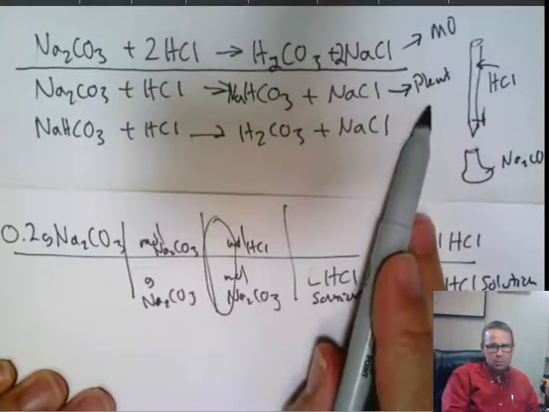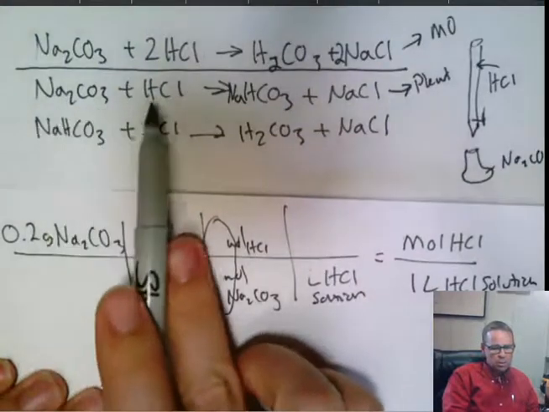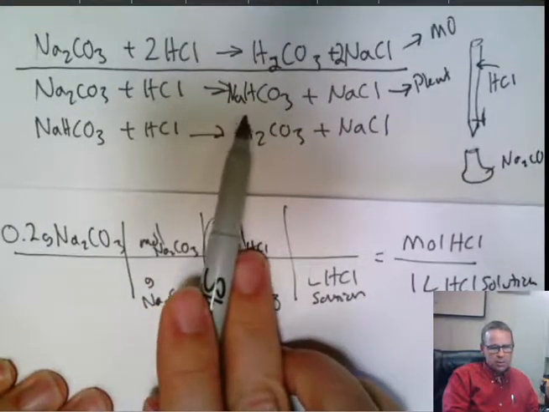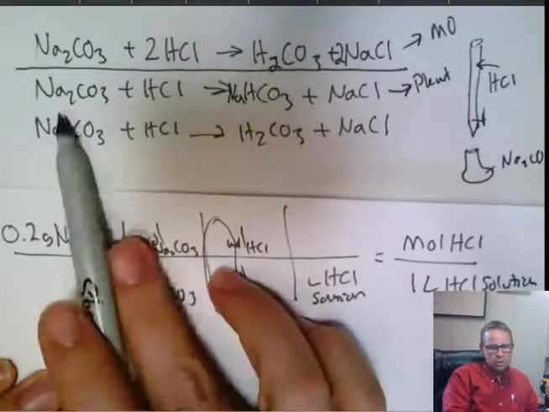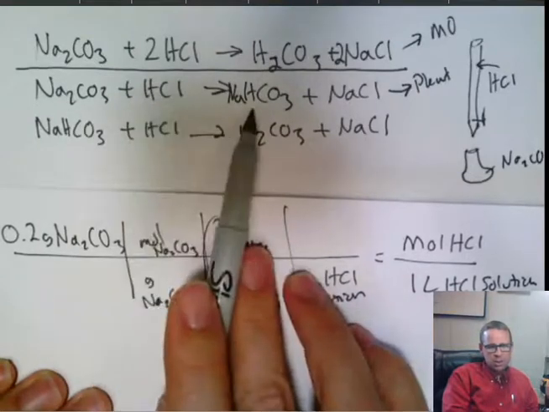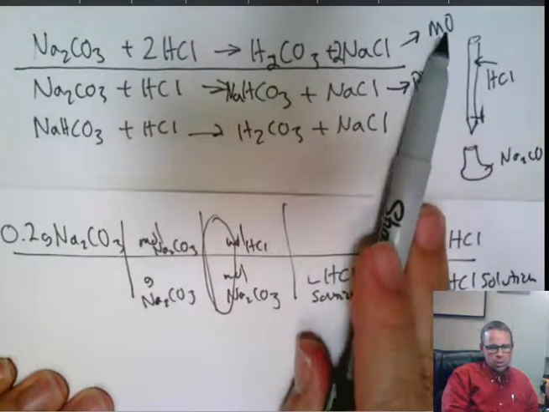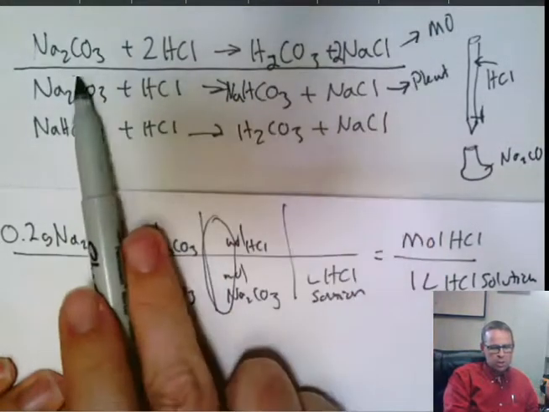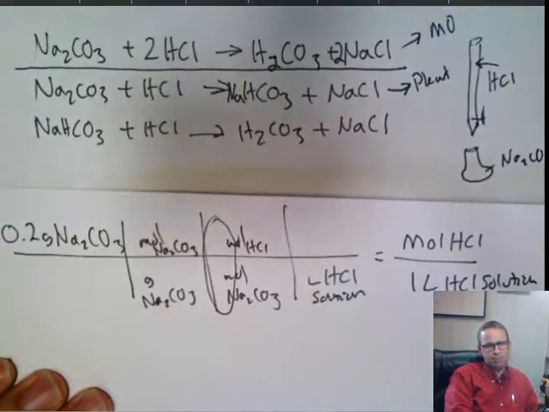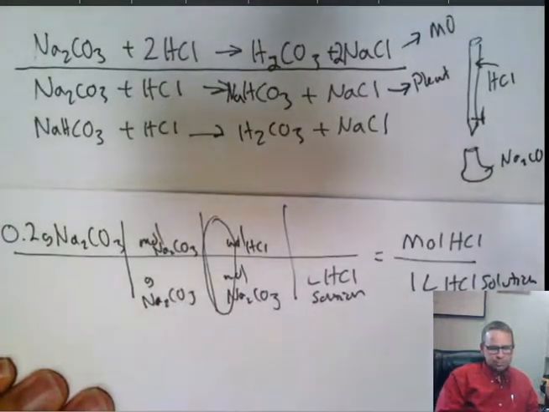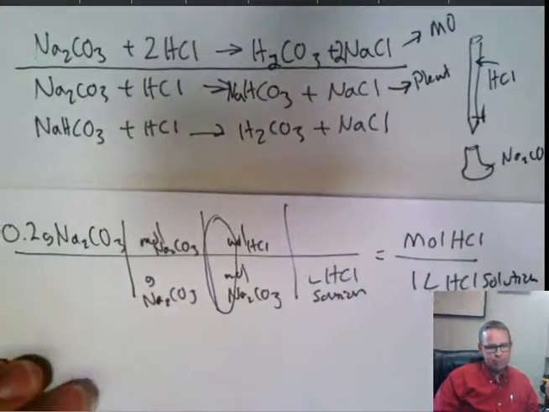That'd be a 1 to 1 ratio, right? 1 sodium carbonate per 1 HCl, because the phenolphthalein turns color once all the carbonate's been converted to bicarbonate. But it would be a 2 to 1 ratio for methyl orange, because methyl orange won't change color until everything has been converted to carbonic acid. All right, so that's part A and B, right?